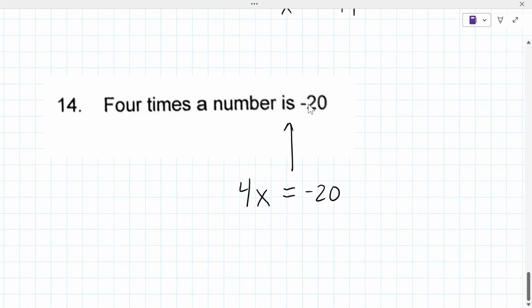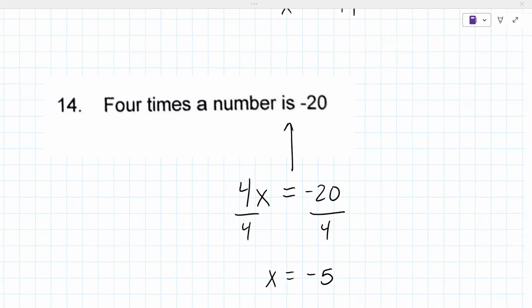I think that one of the issues you had is the numbers weren't formatted well. All right, so how do you solve this? So it'd be division by 4, -20 divided by 4 is 5. That would become -5. Good. X equals -5.